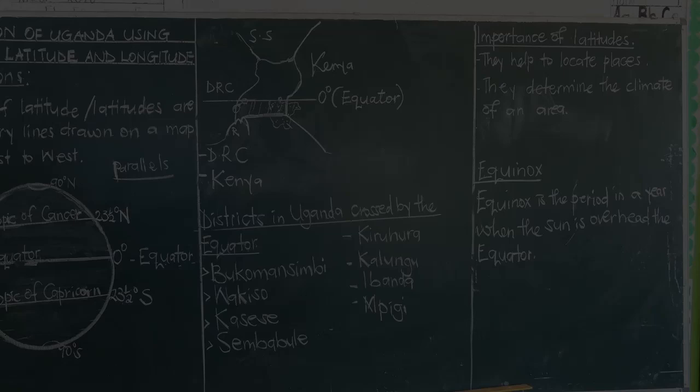So we are now able to locate Uganda on the longitudes 29 degrees and 35 degrees, and on the latitudes 4 degrees north and 1 degree south. So we shall be having that area there. That is how we simply locate places using the method that we call the grid reference.